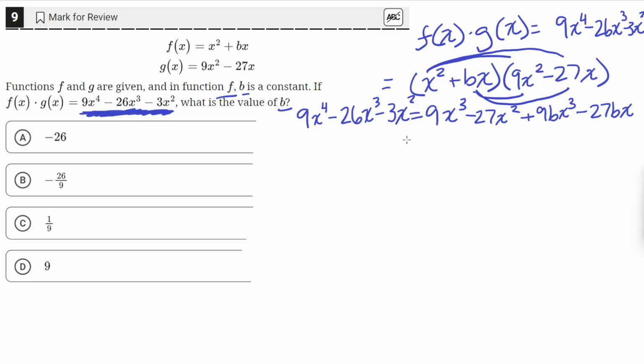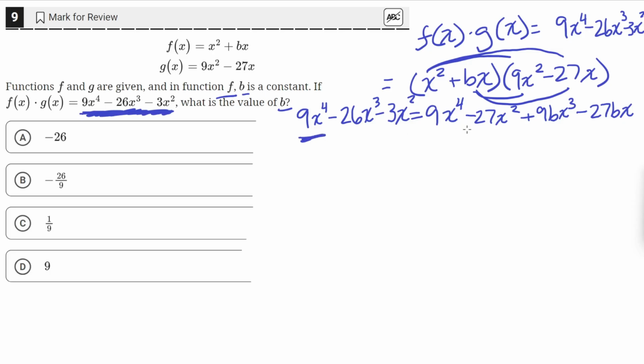So what we can do, I made a small mistake here. This should be 9x to the fourth, x squared times x squared, that should be to the fourth.